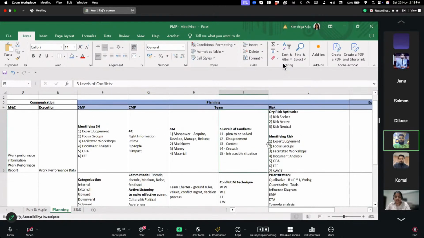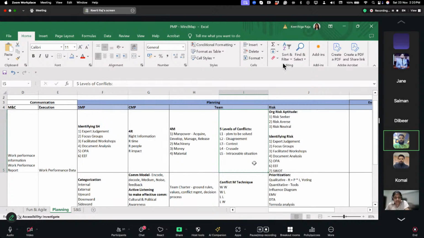Yeah, conflicts. So basically, we have different kinds of conflicts in which you could have level 1, a conflict in which 2 team members can have a conflict in between, and level 2 is disagreement, that they are stubborn and not willing to let go of their decisions, stuck with their decision. Level 3 of the conflict is contest, which is basically telling you that I win, you lose, meaning I am right and you are wrong.